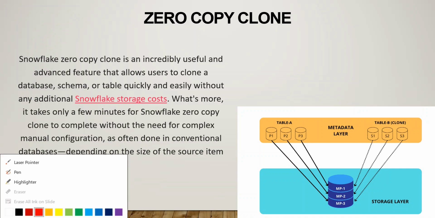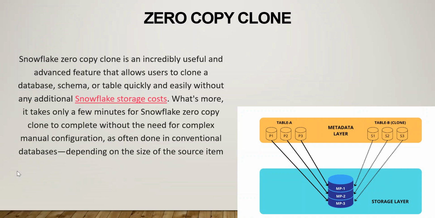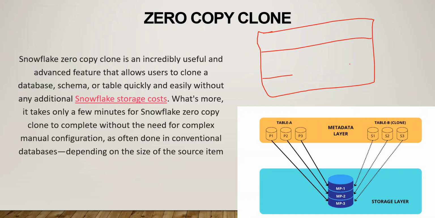Just imagine, if you have already understood the Snowflake architecture, this is the cloud service layer, this is the virtual warehouse layer, and this is the storage layer. Now in the storage layer, if I insert one big file, that will create micro partitions.